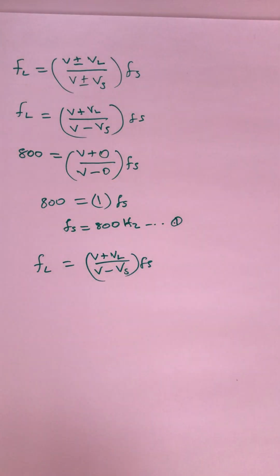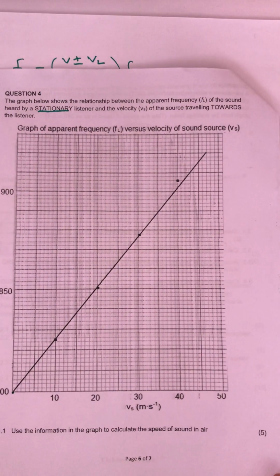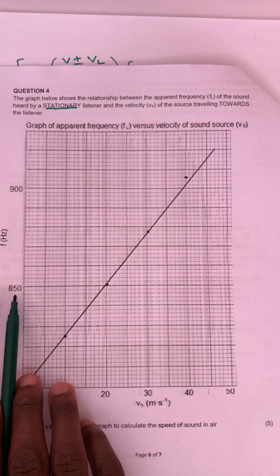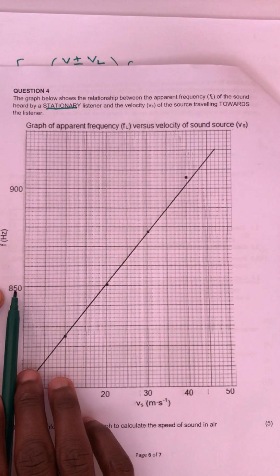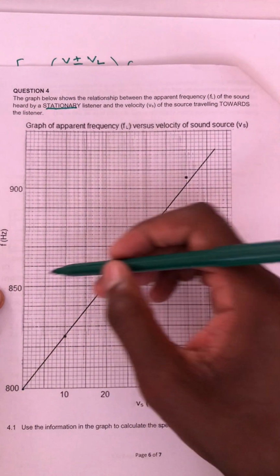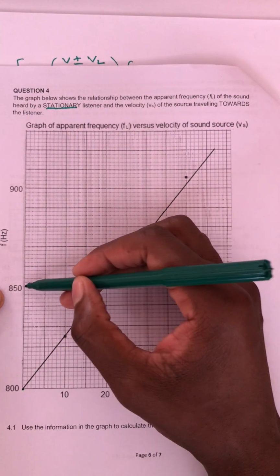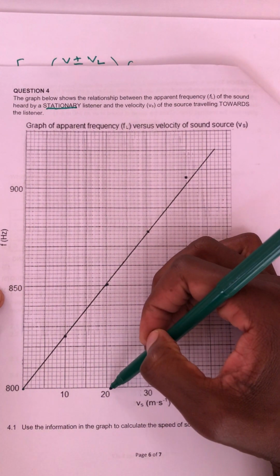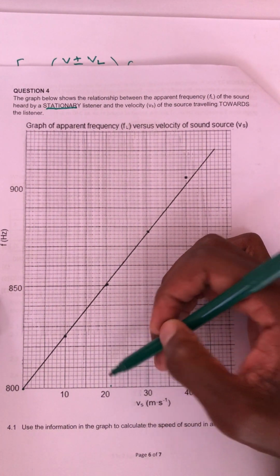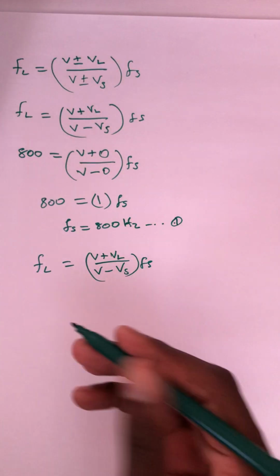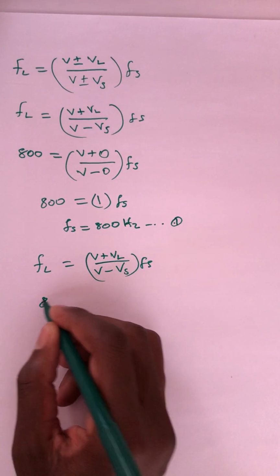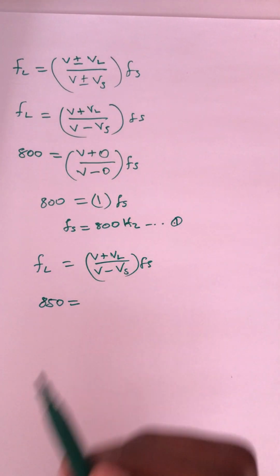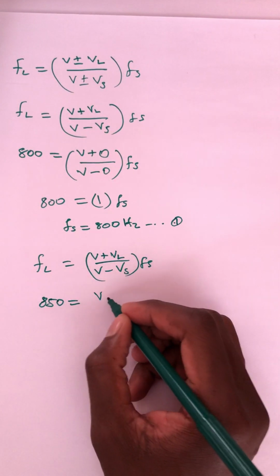Now, let's choose another point. Since we deal with the gradient, let's choose another point. Let's say we take 850 as our second point. Since we take 850, it goes with 20 meters per second as the speed of a source. So 850 is the frequency of the listener.